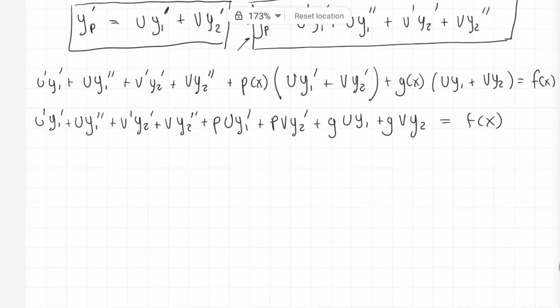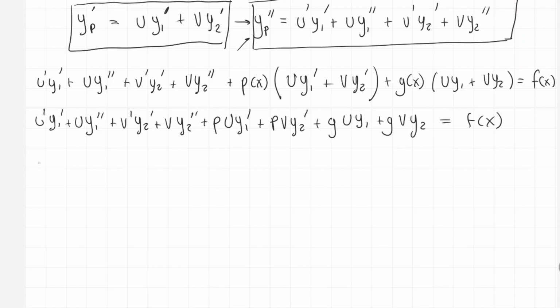And here what we want to do is to factor u and v. We are going to take u as a common factor and then v as a common factor. So what happens if we do that?